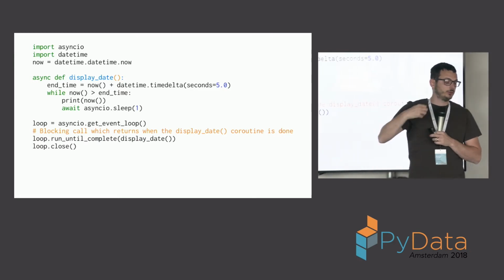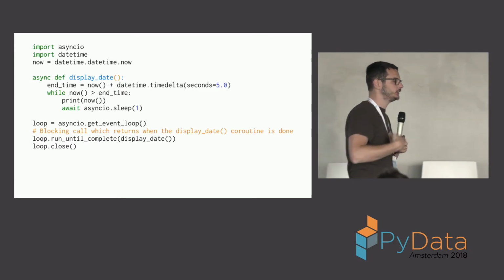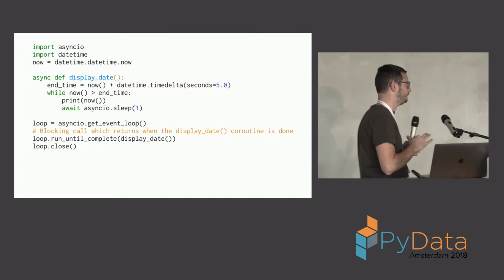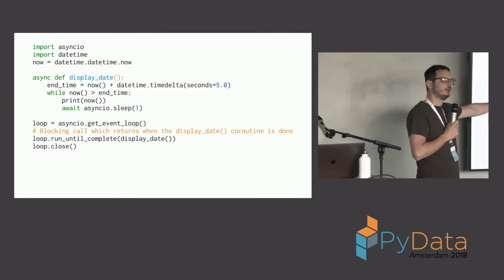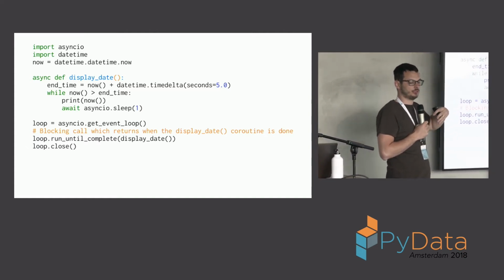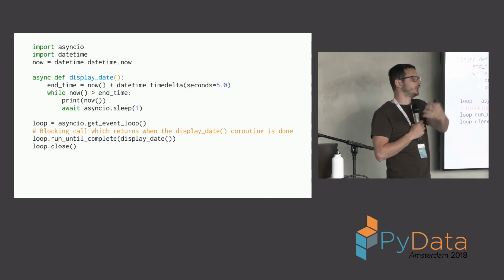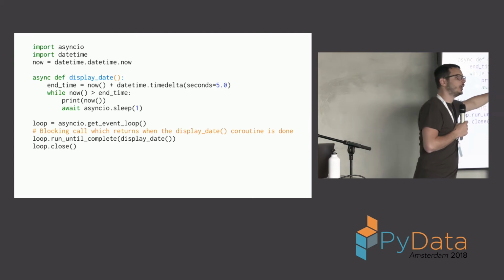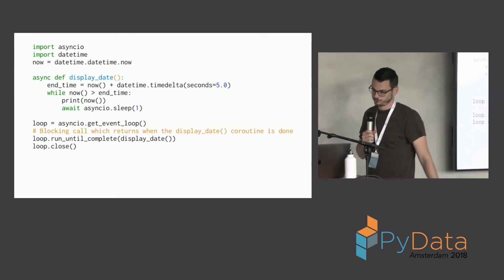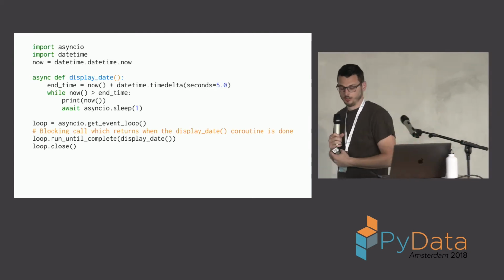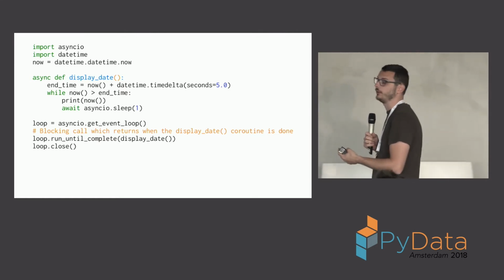So basically, you give this function to a friend, this friend starts to do things up until it finds an await. At an await, it stops doing things. It starts doing other things that have nothing to do with this function. And when the right part of the line returns or gives back something, then it will start again.